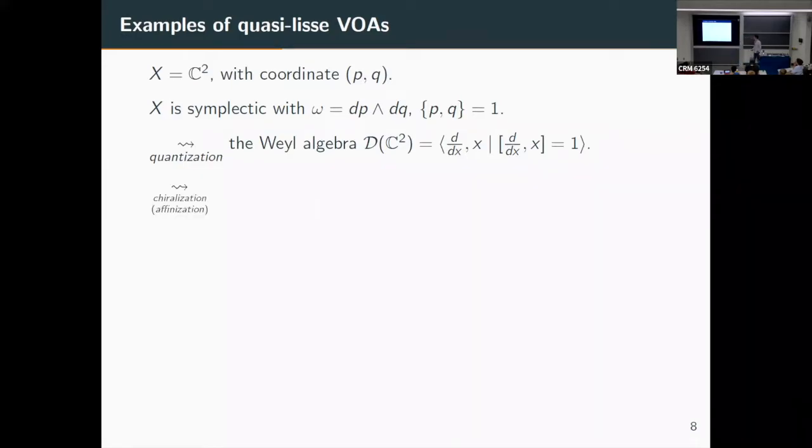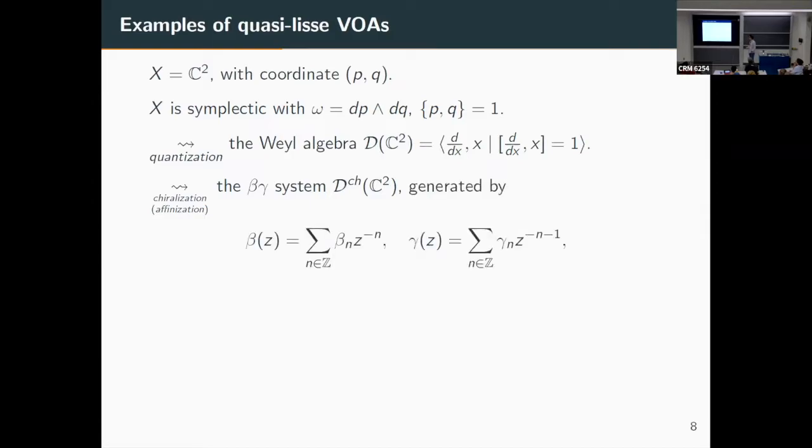And then you can consider chiralization or affinization. The natural chiralization is the so-called beta gamma system, which is generated by beta and gamma. So beta corresponds to q and gamma corresponds to p.